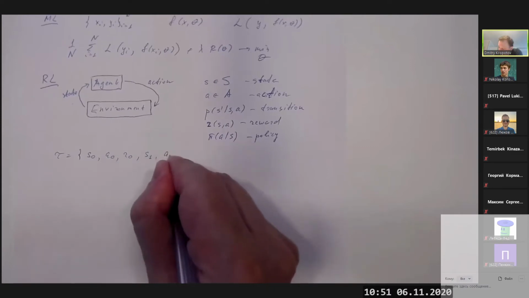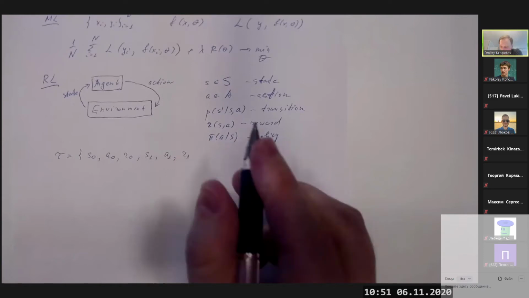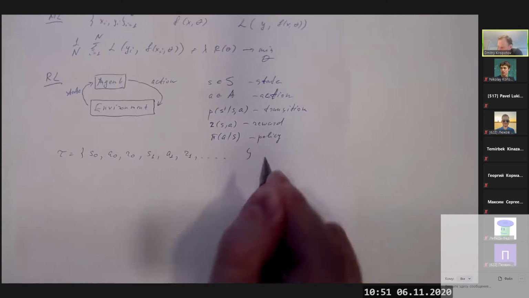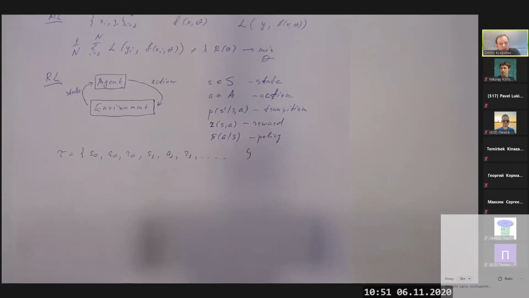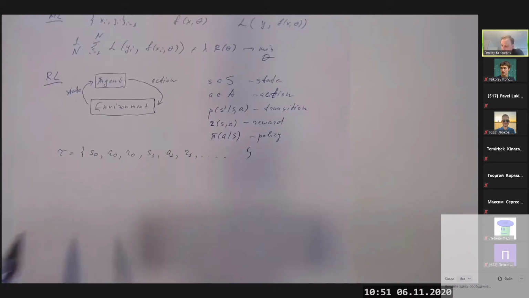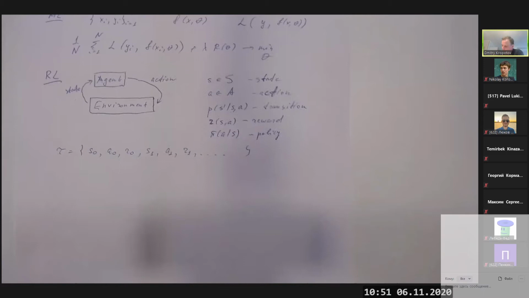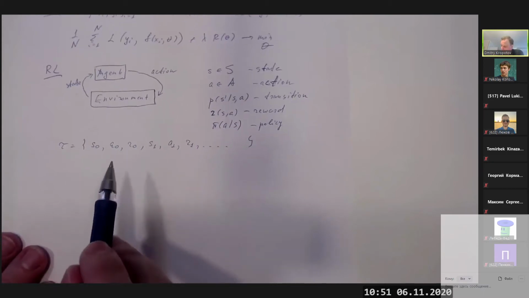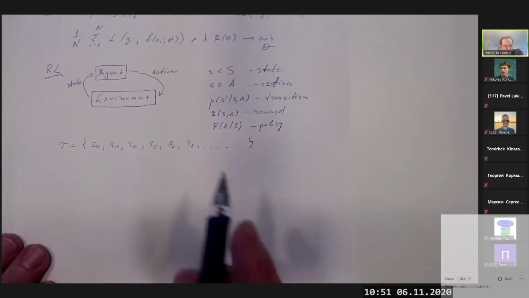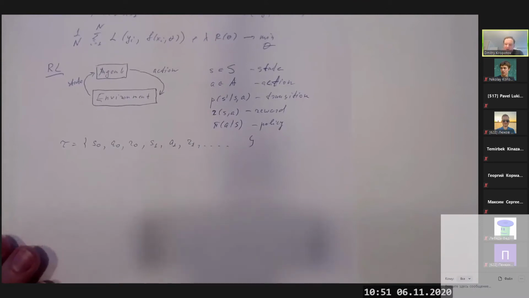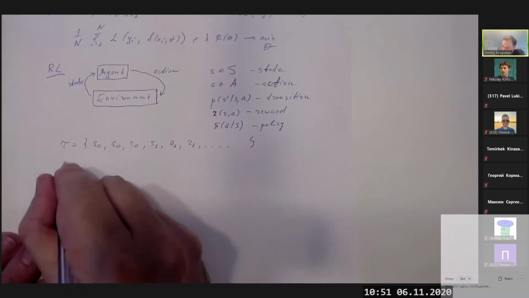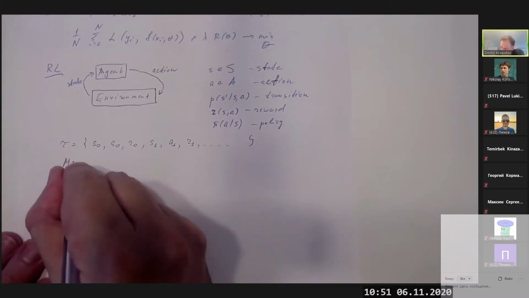We make the next action, get the next reward, and so on and so forth till infinity in the general case. So we collect this trajectory, and our probability distribution over this trajectory is determined by a Markov decision process, or MDP for short.